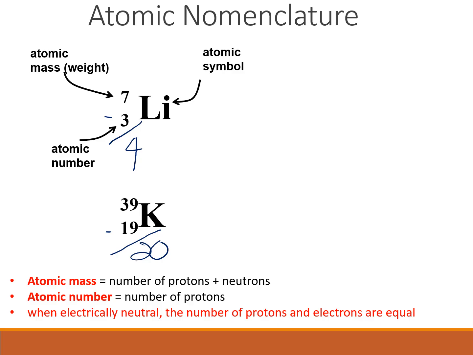Potassium has 20 neutrons and 19 protons in its atomic nucleus. Remember, the neutrons and the protons are the subatomic particles that have mass. If you add the mass of the neutrons and protons together, you get the total mass of that nucleus. So 20 plus 19 equals 39. That's the atomic weight of an atom of potassium. 4 plus 3 equals 7. That's the atomic weight of an atom of lithium.